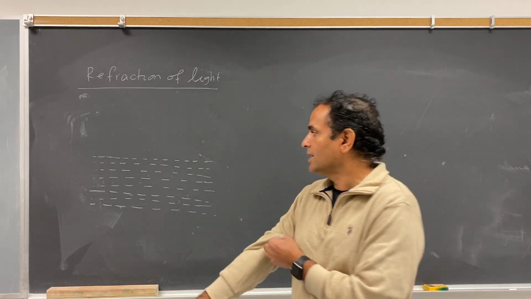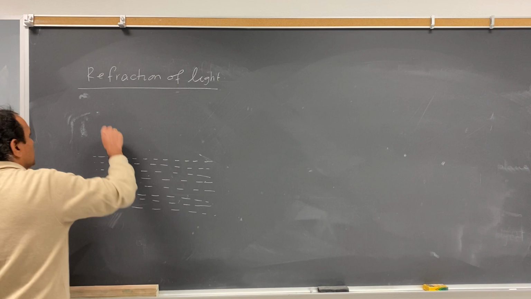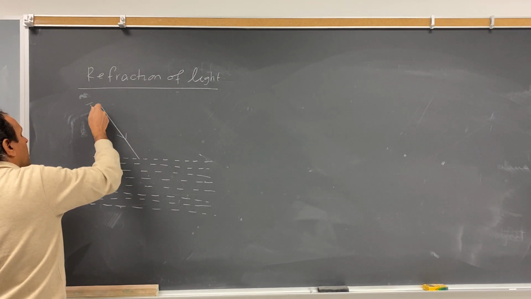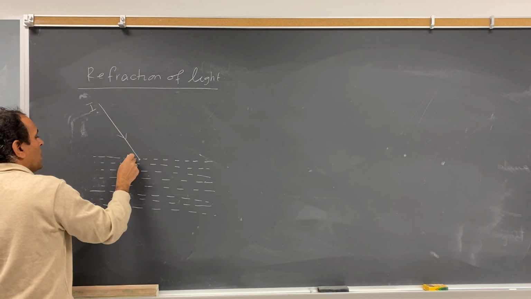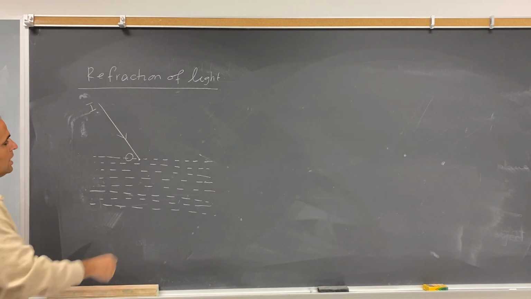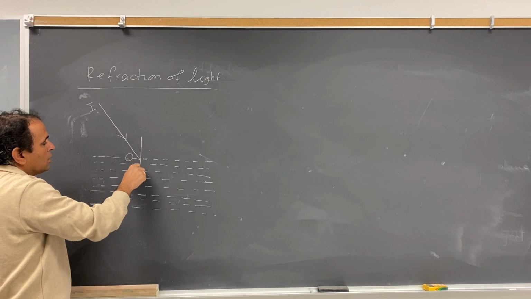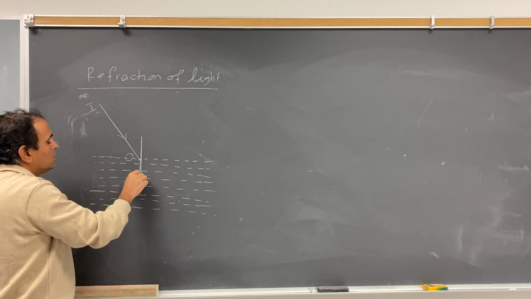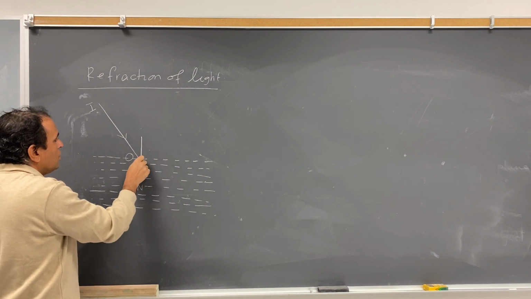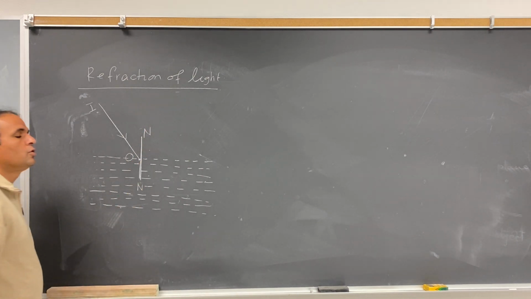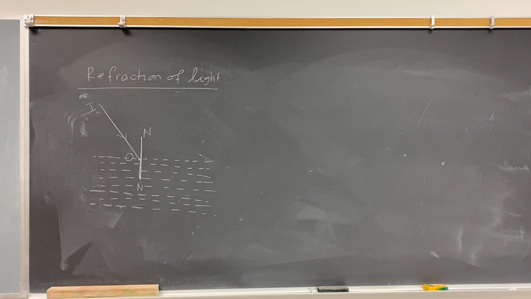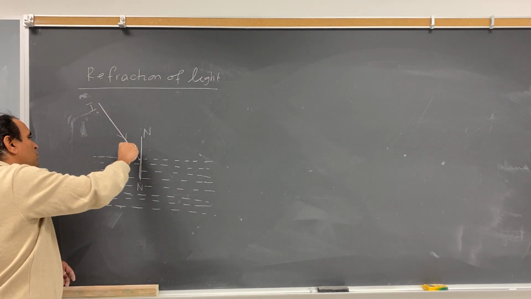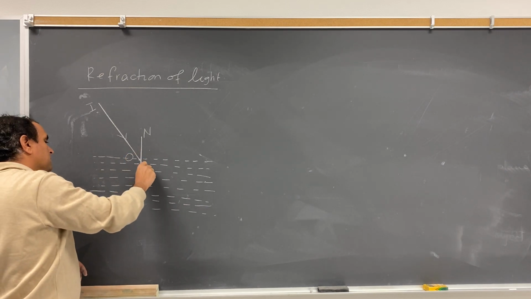So what is refraction? Let us suppose this is the ray of light, incident ray I, and this point is O, IO, incident ray. And right here you can draw the normal. This line, it is perpendicular. This is a normal. You can call N, O, N prime. This is a normal drawn at point of incidence. And what happens is, the light is supposed to propagate in a straight line like this.